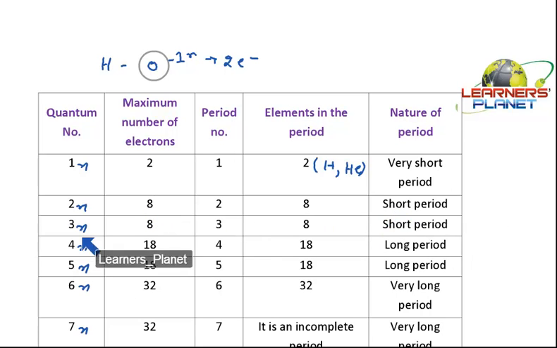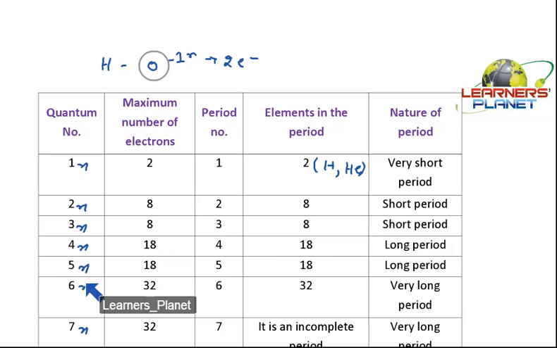Then 3n, the number of elements the third period has is 8, and the number of electrons it can accommodate is 8. So this is again a short period. Now we have got fourth period. The number of elements in this period are 18, and the maximum number of electrons it can accommodate is also 18. So it is a long period.